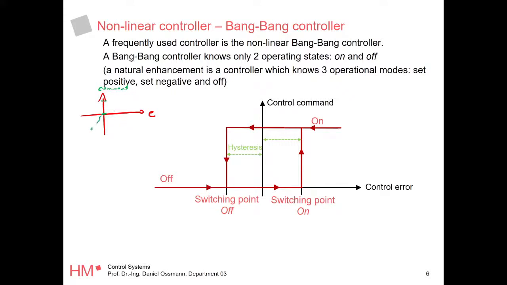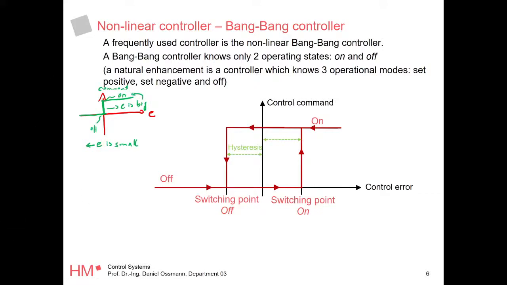So this is going to be off and this is going to be on. When the control error is small enough, it's off, and if the control error gets too big, it's going to turn on. So this is the most simple bang bang controller, right? If E is small, we turn off, and if E is big, we turn on, right?